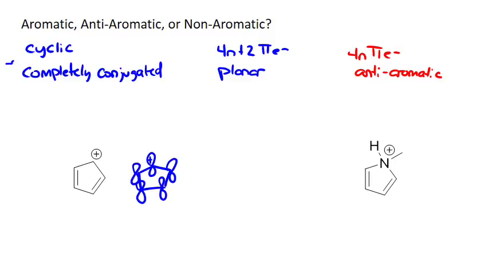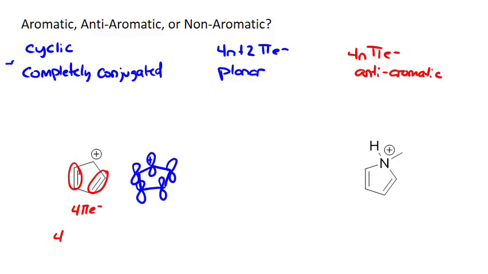Okay, the next thing we can do is get a pi electron count. Well, we have these pi electrons and these pi electrons, so we have a total of 4 pi electrons. So now let's plug this into the aromatic equation, 4n plus 2.